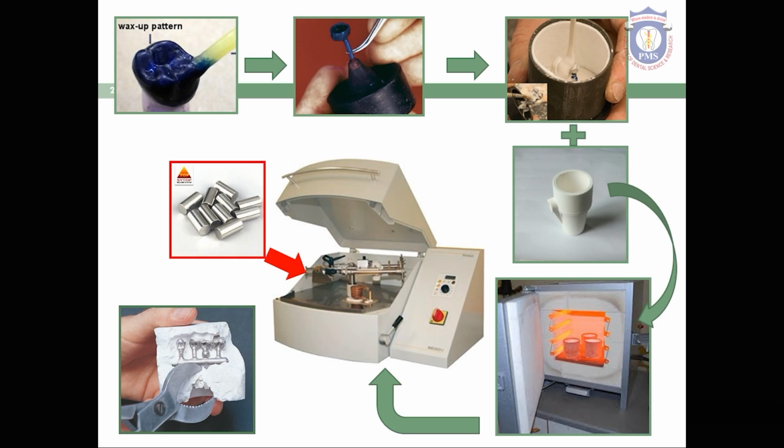When the casting procedure is finished, you will remove the investment from the casting machine and wait for the metal to cool down and solidify. Once the metal has cooled, you will break off the investment and retrieve your metal restoration. That will then be subjected to further finishing and polishing procedures, but this is the basic idea of how a restoration is cast.